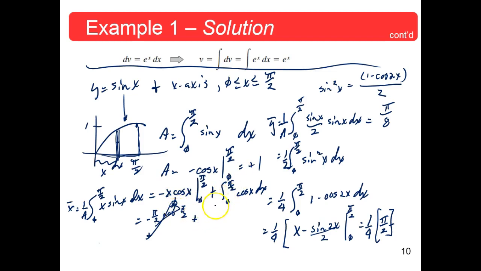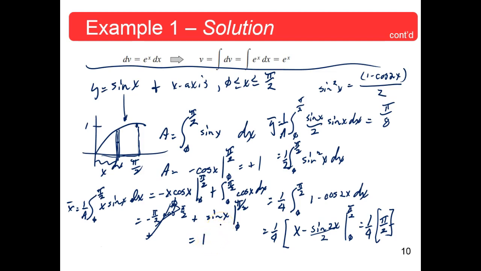Plus, and then what's the antiderivative of cosine x? Sine x evaluated from 0 to pi halves. And what's the sine of pi halves, minus the sine of 0? 0. So that just gives you 1.